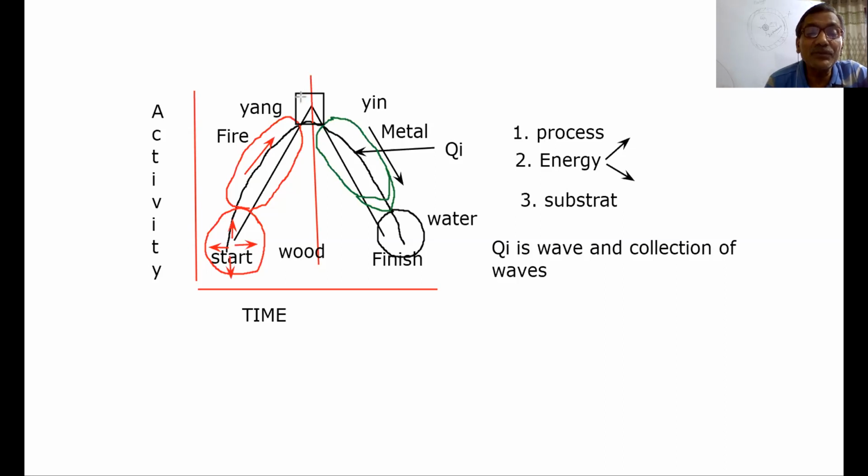At times you like the yang activity. At times you want to rest and enjoy like yin. You just leave. So both of them are there. This is a very strange and very special phase of any process, and your life is a process, remember. This transitional phase they named earth.